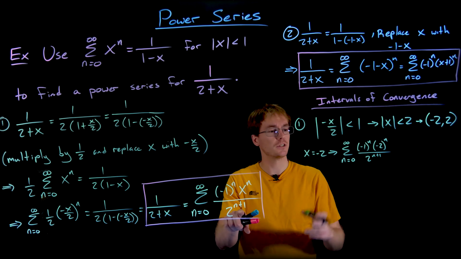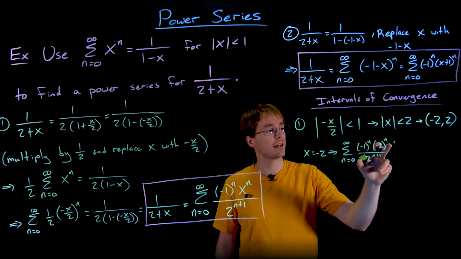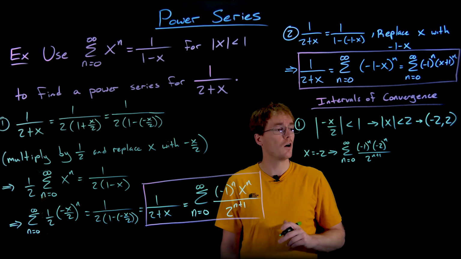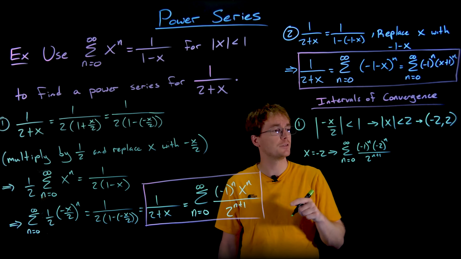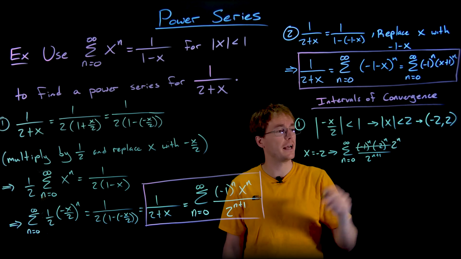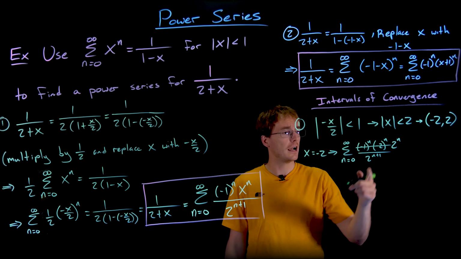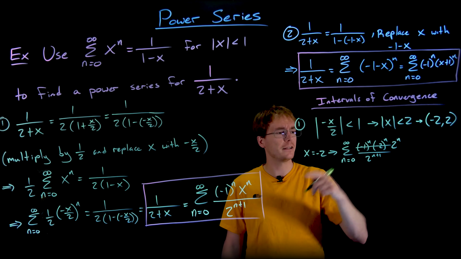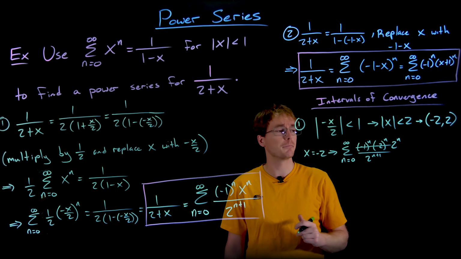Our series would turn into the sum from n equals 0 to infinity of -1 to the n times -2 to the power of n all over 2 to the n plus 1. And, well, -1 to the n times -2 to the n is just going to turn into 2 to the power of n. Those factors of -1 kind of double negative cancel each other out. And then we'd have basically the sum from n equals 0 to infinity of 2 to the n over 2 to the n plus 1.